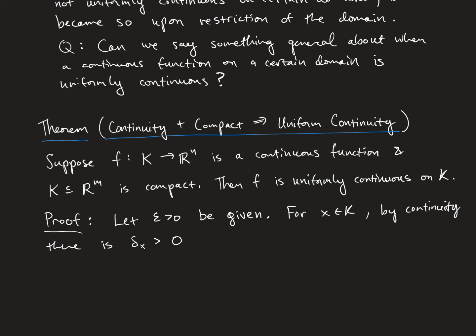So delta sub x greater than 0, such that when x and y, so distance between x and y is less than that delta x, x and y in K, of course, that implies that the distance between f of x and f of y is less than epsilon.